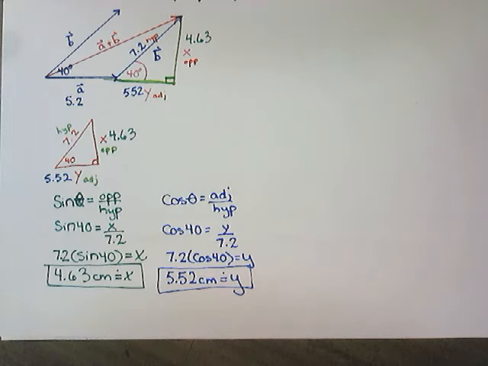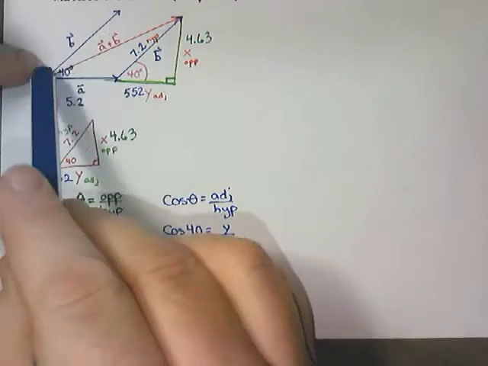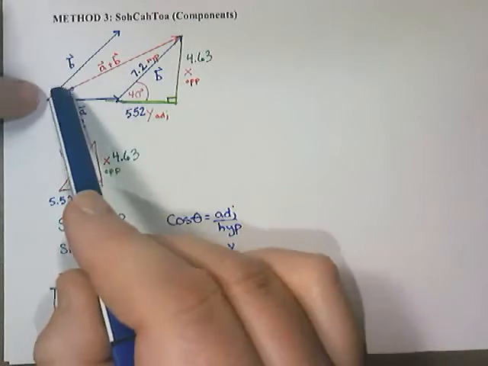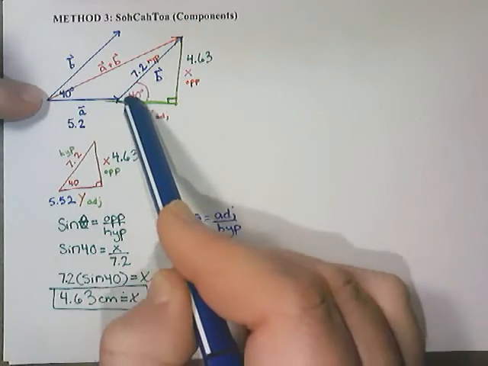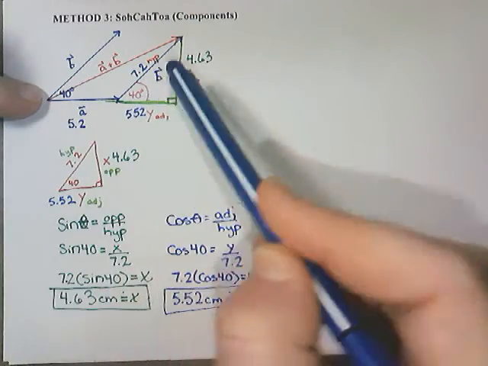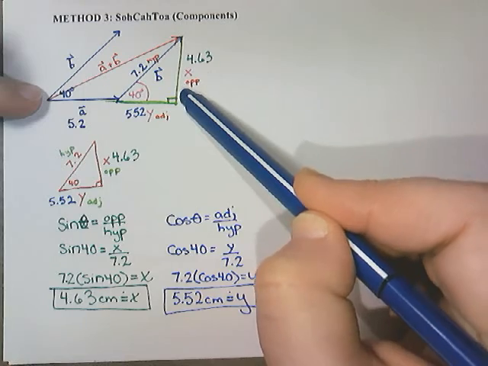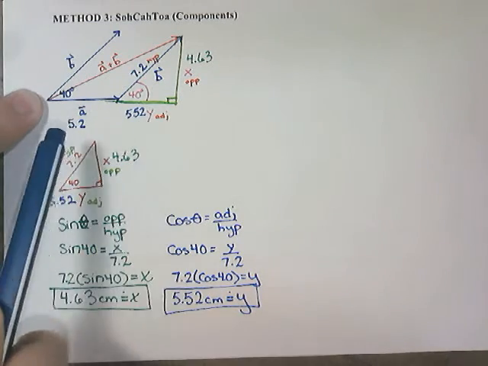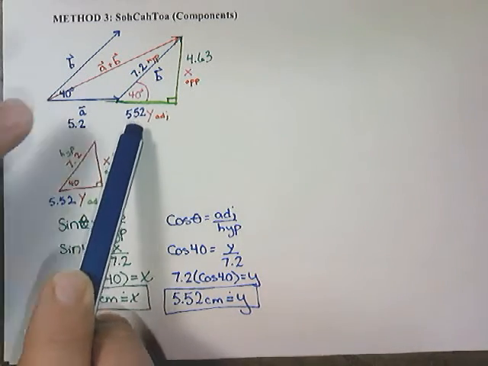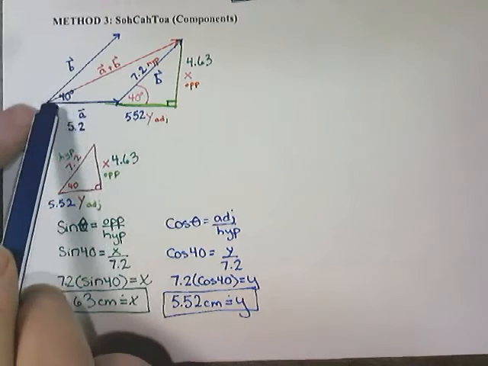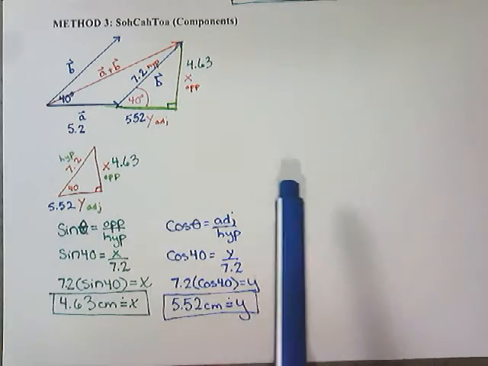Okay. So we are trying to solve for the big side, a plus b. So I'm going to look now at this large triangle that has a height of 4.63. And then for the base, I'm going to add 5.2 and 5.52 together to find the total length of this part.